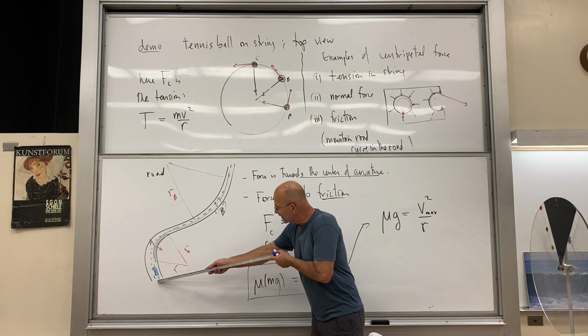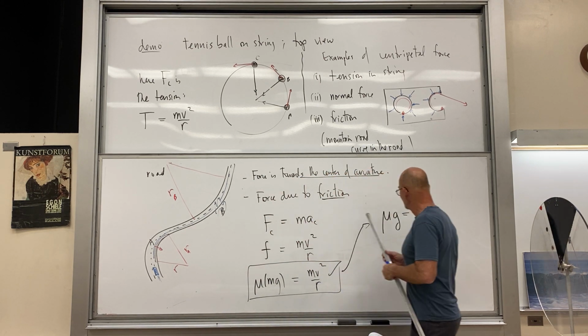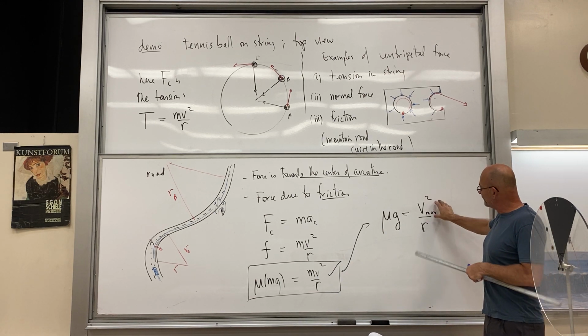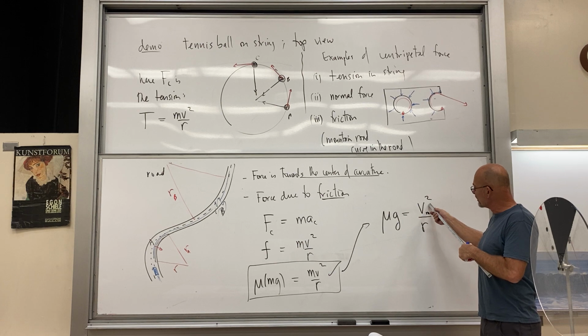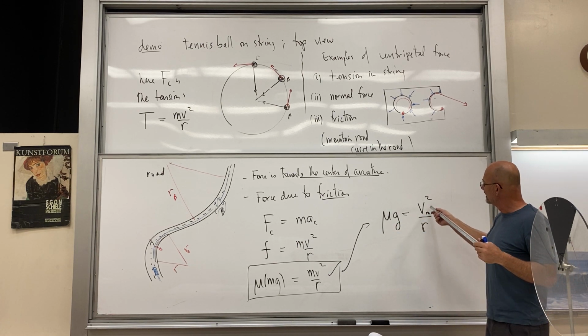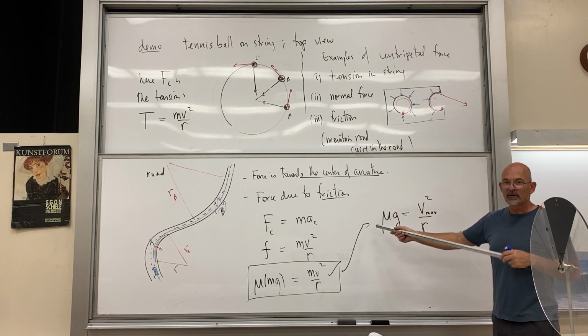So you've experienced this, the tight curve, you can't go through as fast as the large curve. And the other interesting thing is the sensitivity to the speed. If you double the speed through a given curve, you need 4 times as much friction. Double the speed, square the 2 gives you 4.